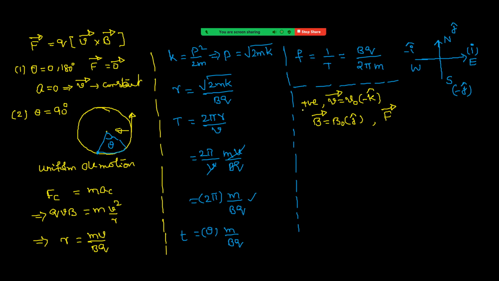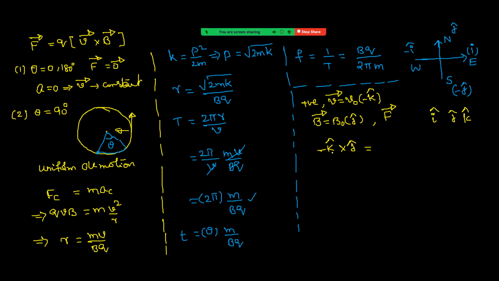Charge is positive. Okay, next V bar cross B bar. V bar direction is minus k cap, cross B bar. B bar is now j cap. Right? Now cross check once: minus k cap cross j cap. If you see how we remember this, i cap, j cap, k cap: i cross j is k cap, j cross k is i cap, right?